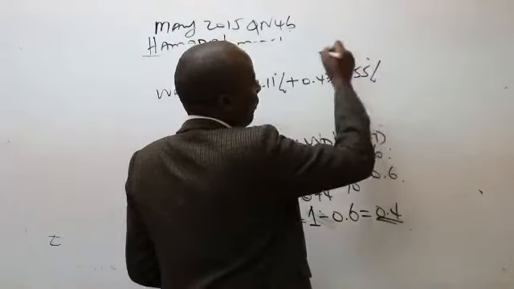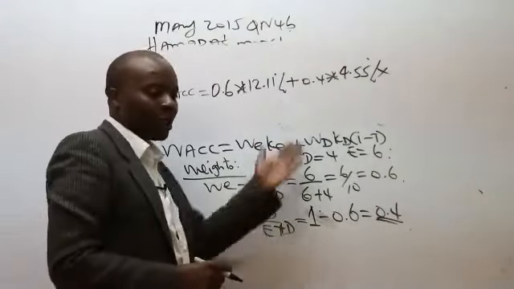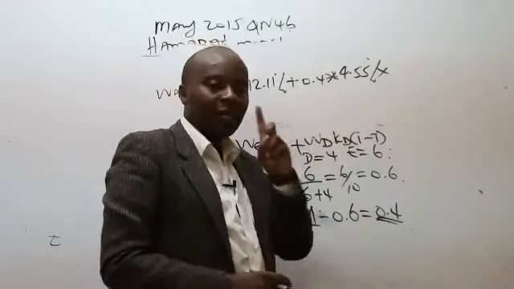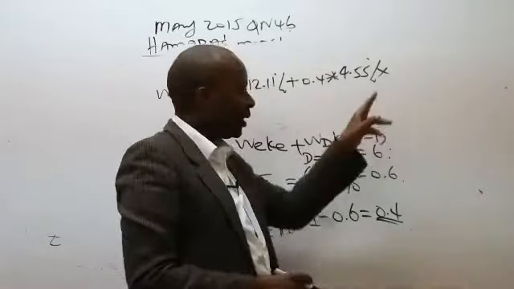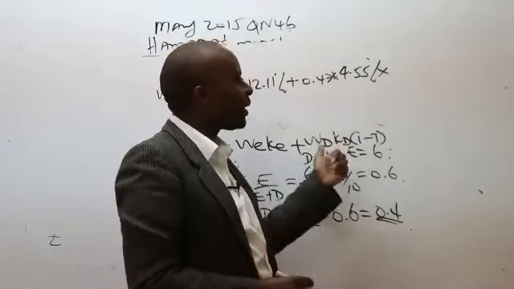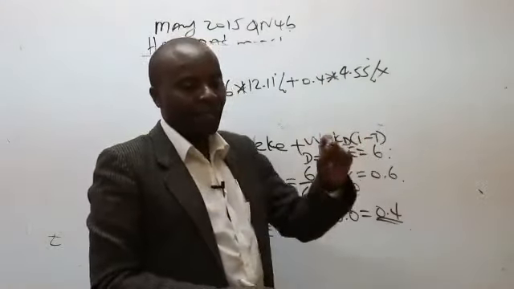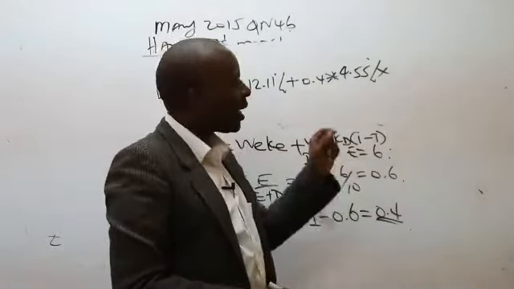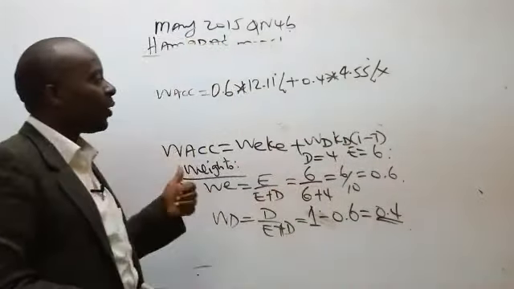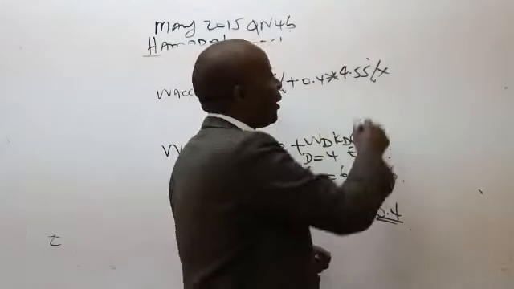It is 4.55. But now remember, they haven't told us anything to do with this 4.55, whether it's after tax or before tax. The good assumption to make is that this is before taxation. If you make an assumption that it is after tax, please always tell us down there. Tell us that I made the assumption that this is after taxation, but whenever you're given cost of debt, ladies and gentlemen, always assume that it is before tax.